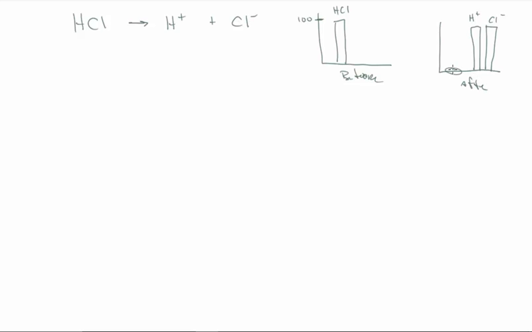Notice in the after, I've got none of the HCl molecules still left. It's very important that you visually see that and get it in your head that a strong acid or strong base completely dissociates. The same would be true for NaOH. If it was going to dissociate, it would give me Na plus and OH minus, and 100% of it would dissociate. The graph would look very, very similar.